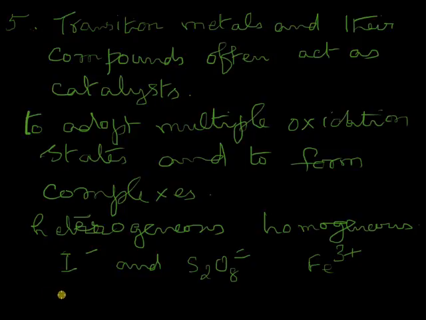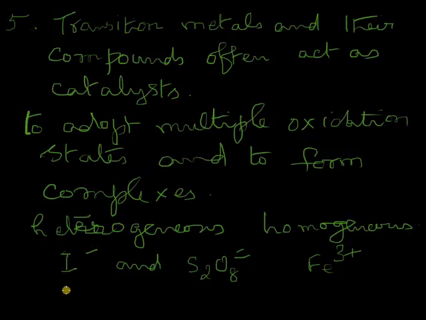So when the transition metal passes from one oxidation state to another during a reaction, it takes the reaction by a different path having lower activation energy. In certain reactions, it can also form complexes. By doing so also, they lower the activation energy. In the contact process of sulfuric acid, V2O5 acts as catalyst.